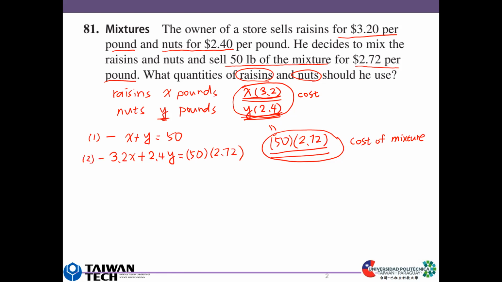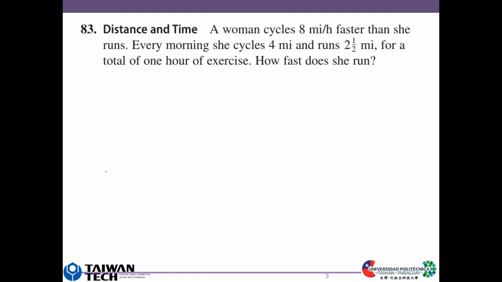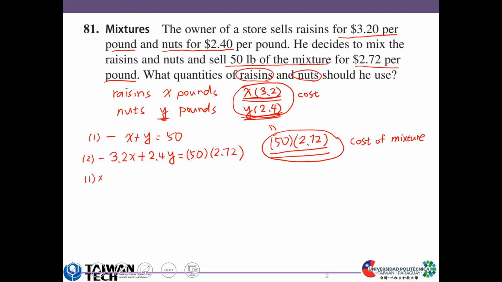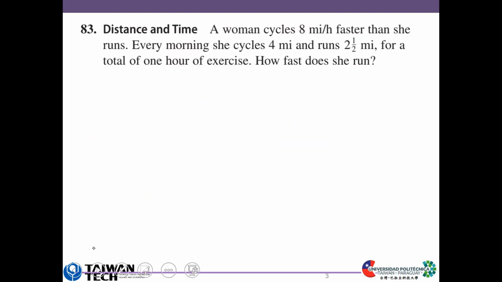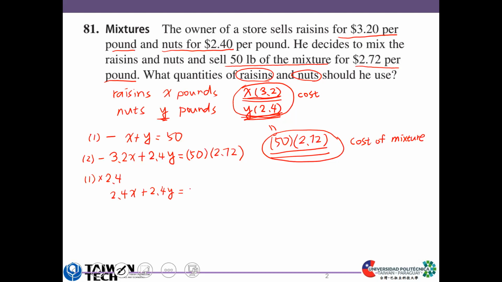So we could take equation 1 multiplied by 2.4. It becomes 2.4x plus 2.4y equals 50 times 2.4, which is 120.